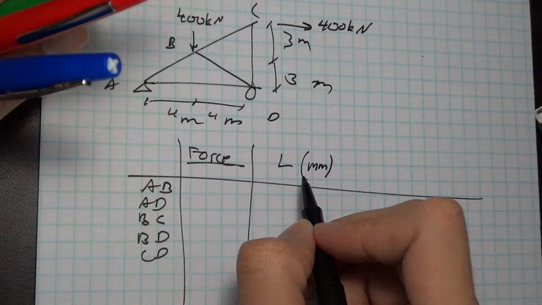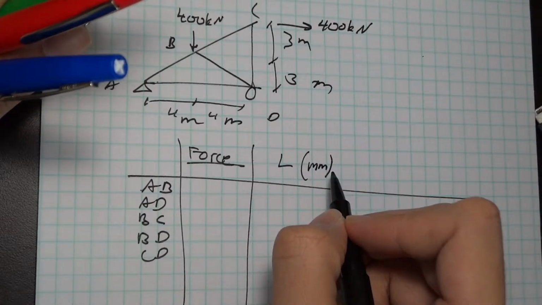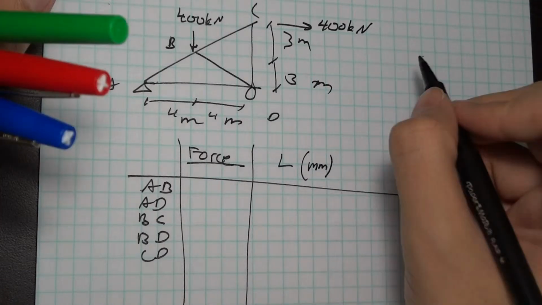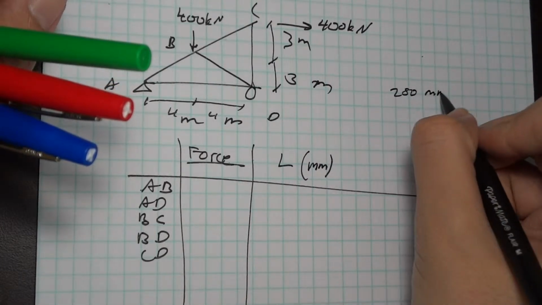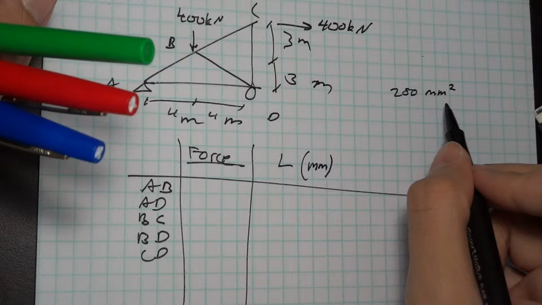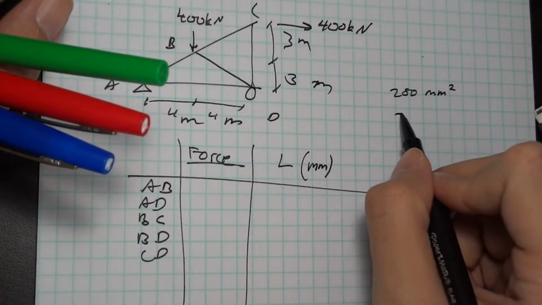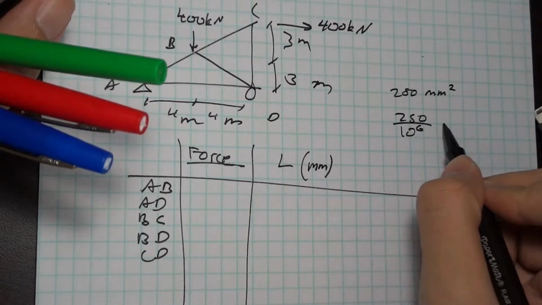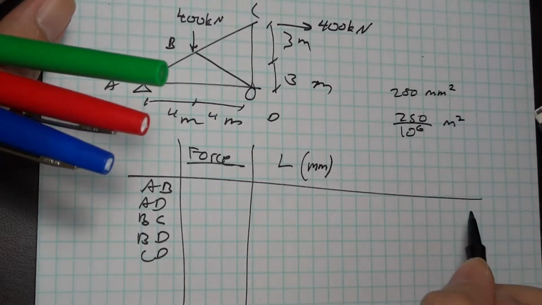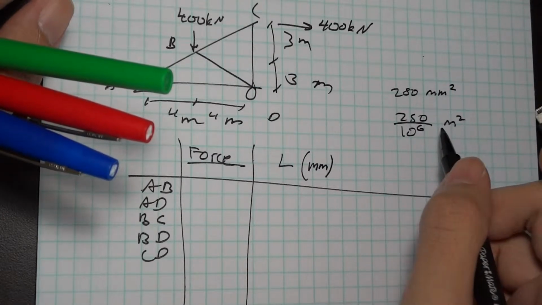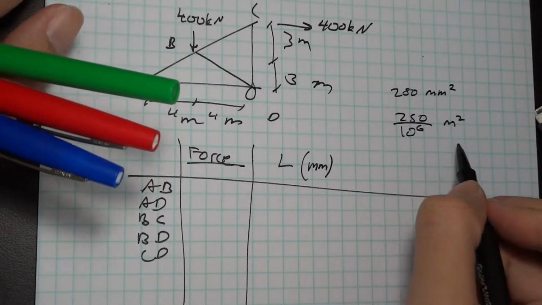Your area is given in terms of millimeters squared, and 250 millimeters squared is a very small number in meters squared. You have to divide this by 10 to the 6 to get meters squared. I prefer working with numbers that are larger rather than smaller.